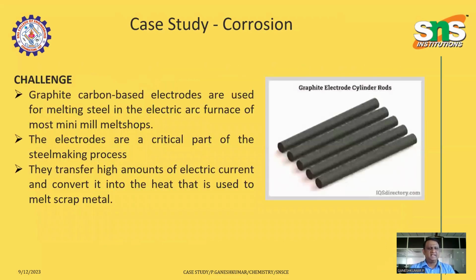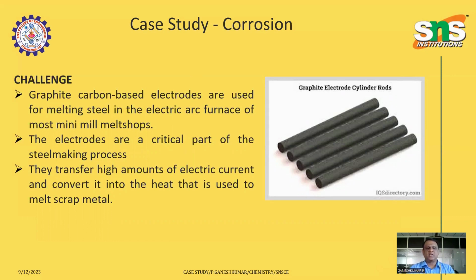So here the challenge is that graphite carbon-based electrodes are used for melting steel in electric arc furnaces of most mini mill shops. The electrodes are the critical part of the steel making process, particularly the carbon-based electrodes.